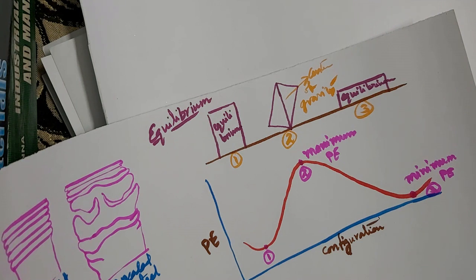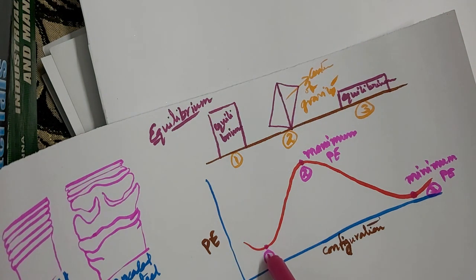So this is the global minimum. One is a local minimum, and this three is the global minimum as it has the minimum amount of potential energy.